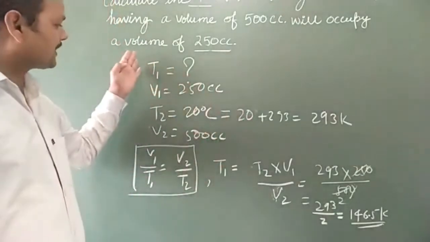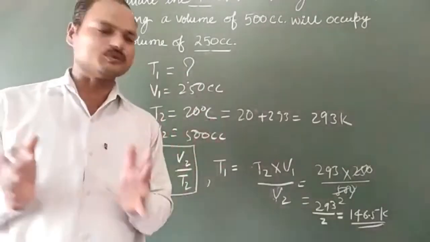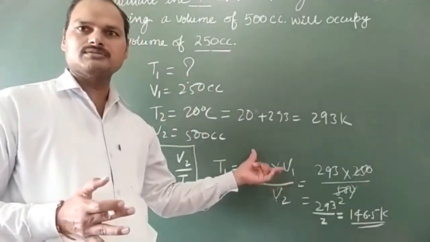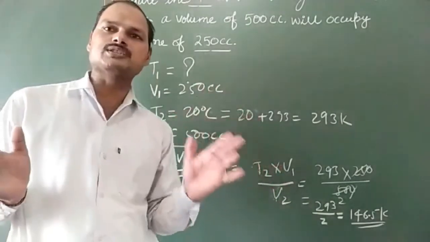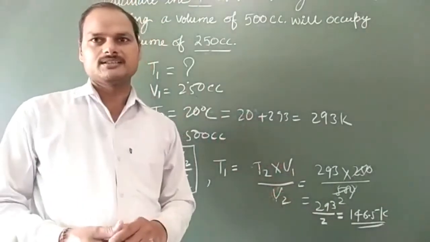And if pressure is constant and temperature and volume are given, in that case we have to use the Charles' law equation. And out of 4 values, if 3 values are given, the 4th one can be found out in the same way.